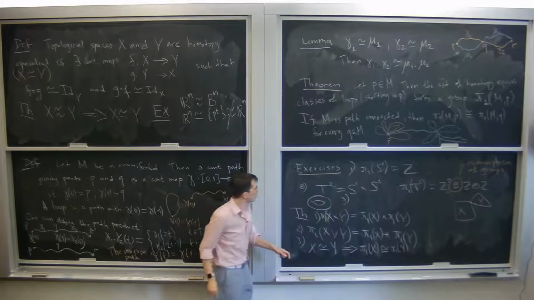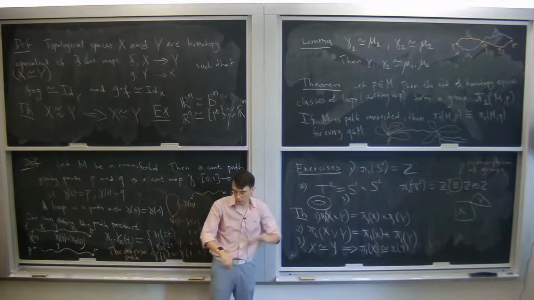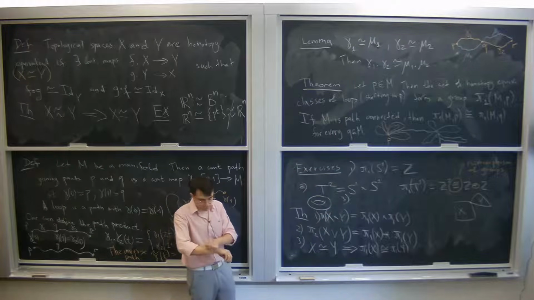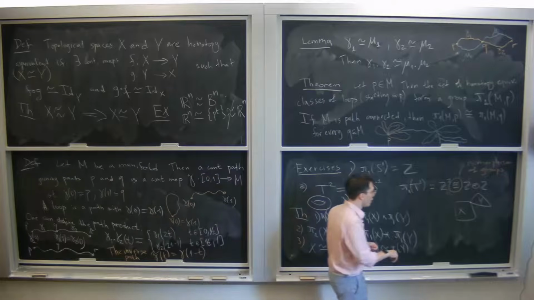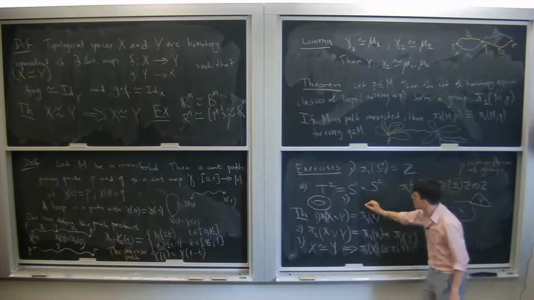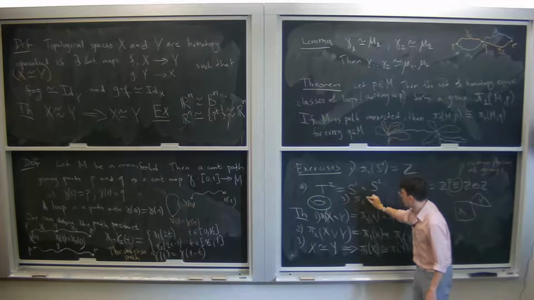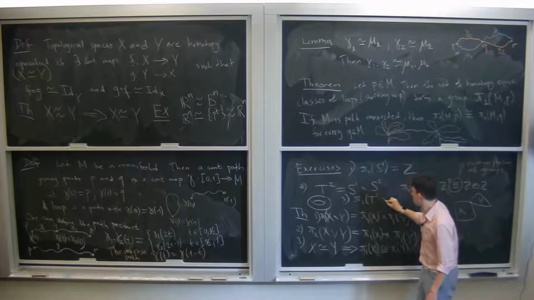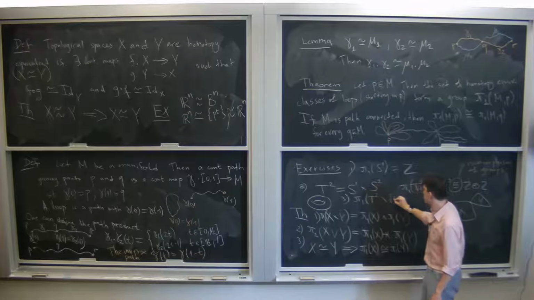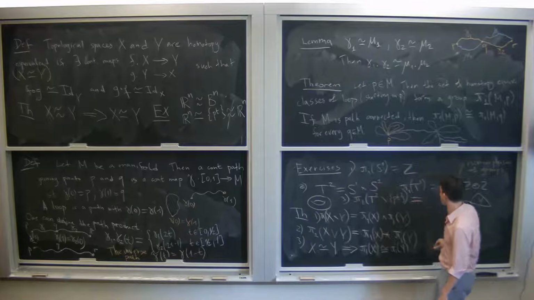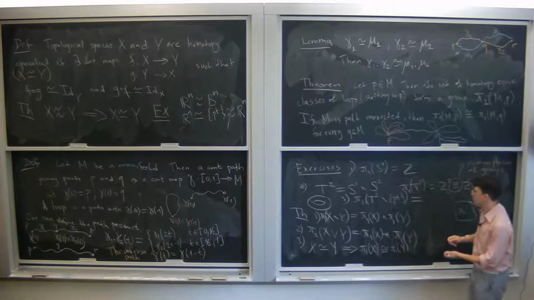I leave an exercise, number 3. We have just 1 minute before the break, and this exercise is the following: take a once punctured torus, and find its fundamental group.